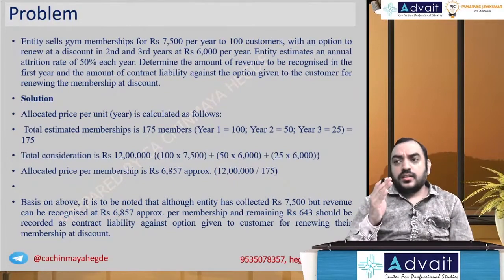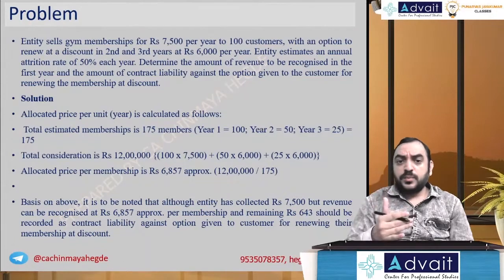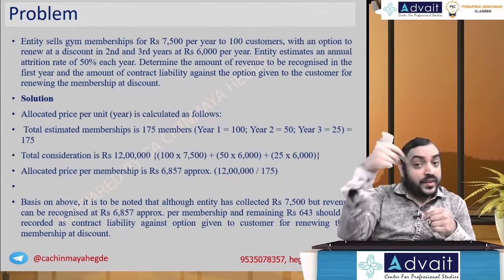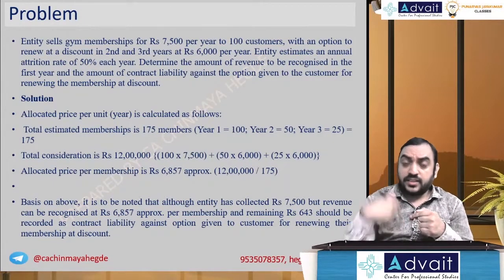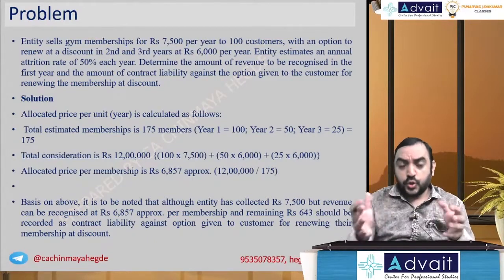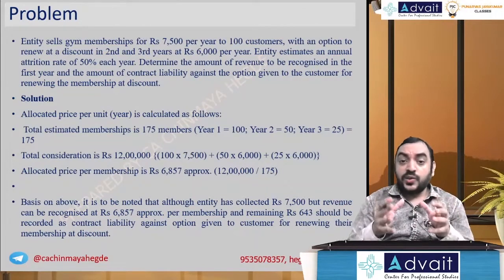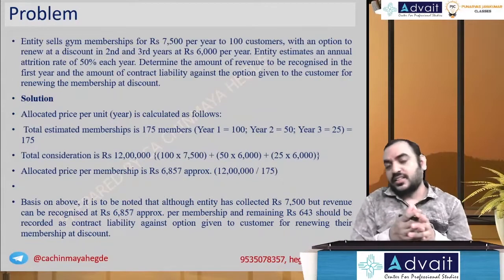Now, what you should do here is this. First, customers come and you are giving them a discount for the second year and third year. But the second year discount depends on first year membership, correct? And the third year discount depends on first and second year membership. So when you allocate these prices, you cannot say first year 7,500, second year 6,000, and third year 6,000.